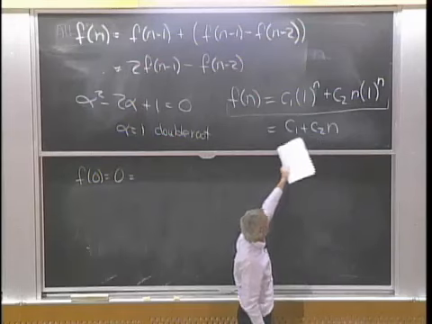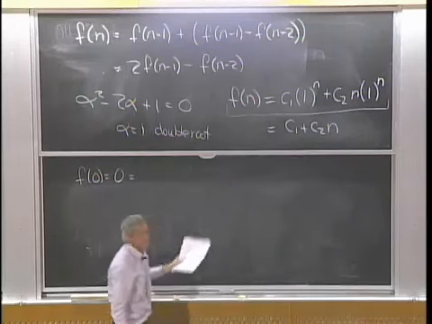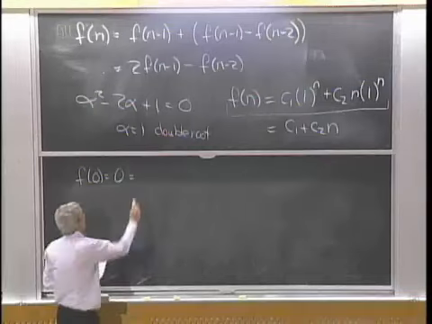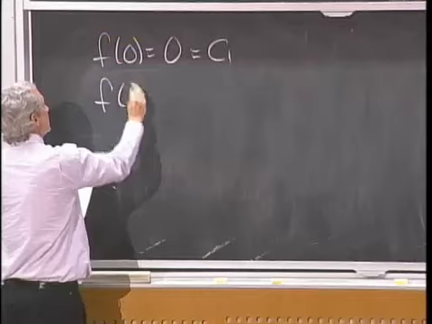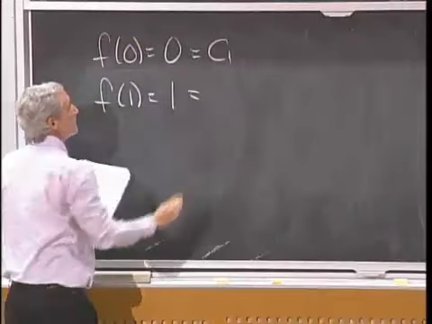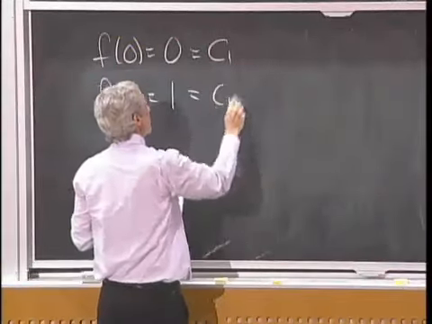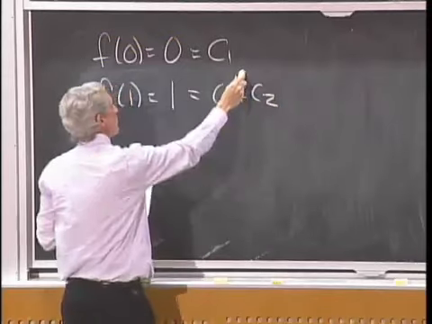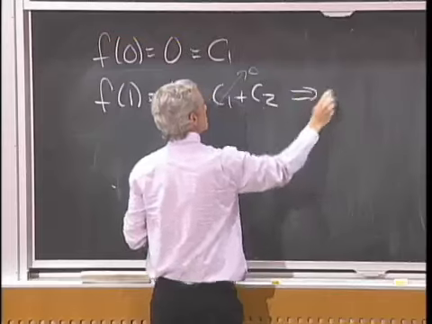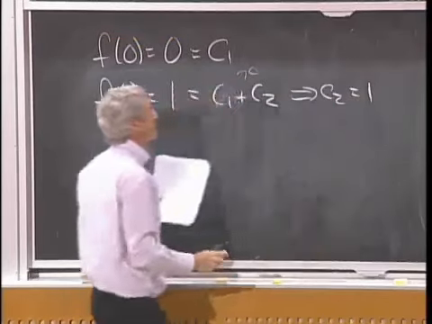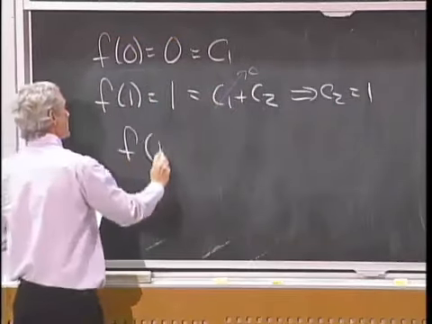If I plug it in here, what does that become? c1. So c1 equals 0. That's good. f of 1 equals 1, and now that's going to be c1 plus c2. c1 is 0, so it means c2 equals 1. Oh, so this is really easy. What's f of n equal?